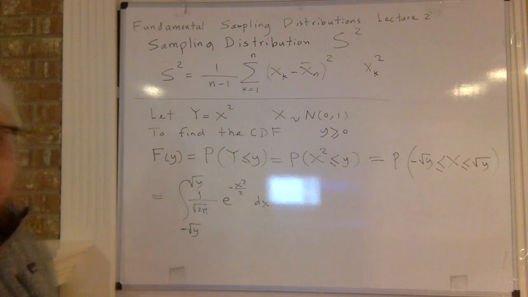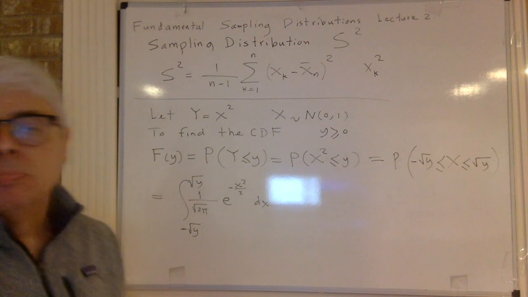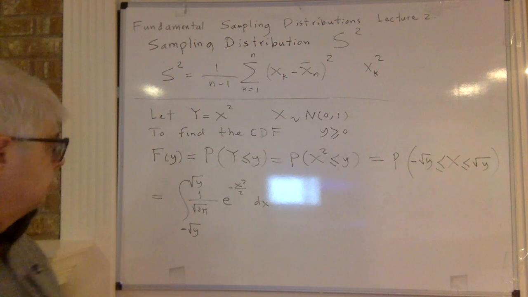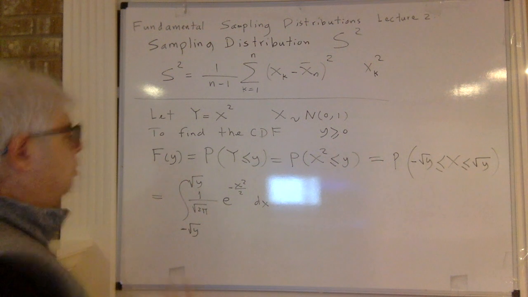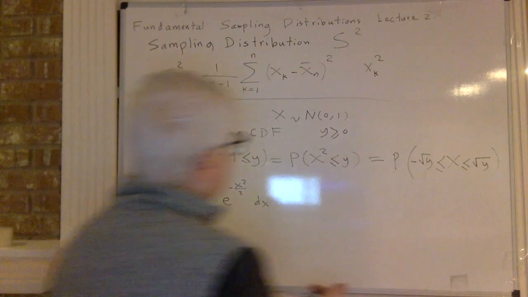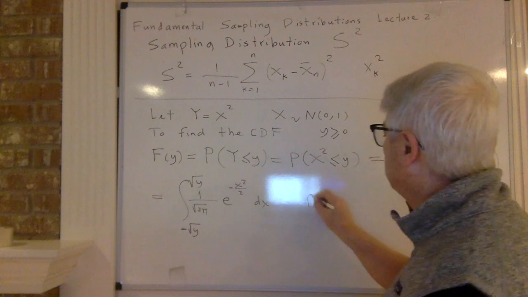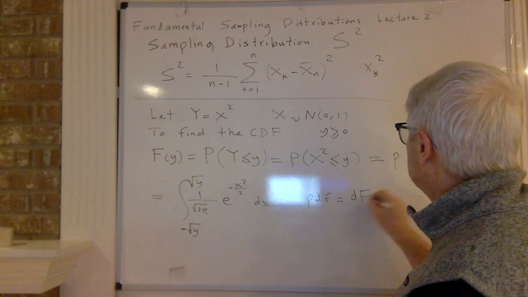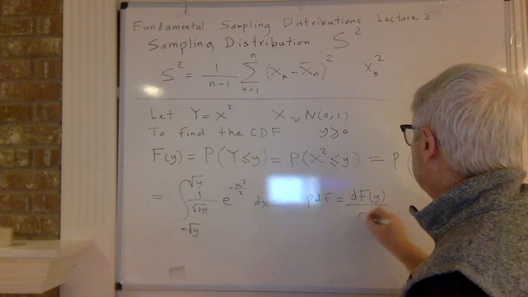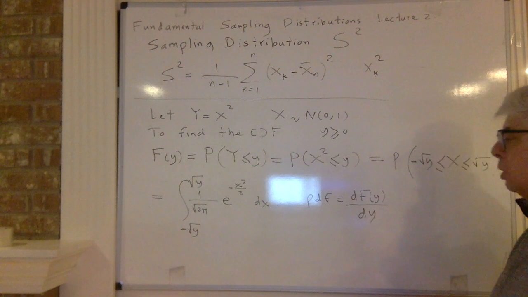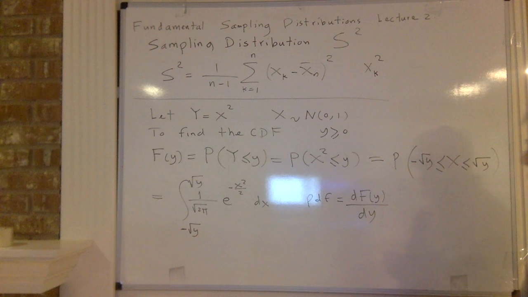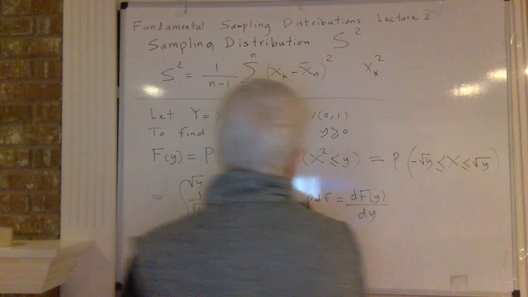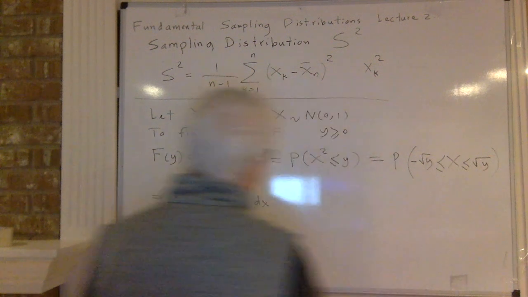Okay, so that is that probability. So I have the CDF. How can I find the PDF? The PDF, in fact, is the derivative of this, dF_Y by dy. So let's find the derivative, and I will just write the result for you.